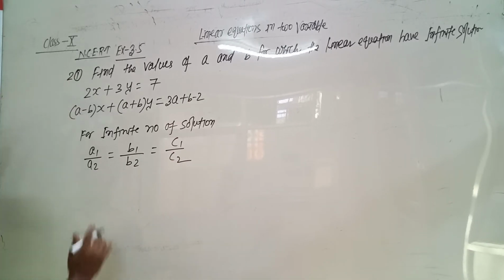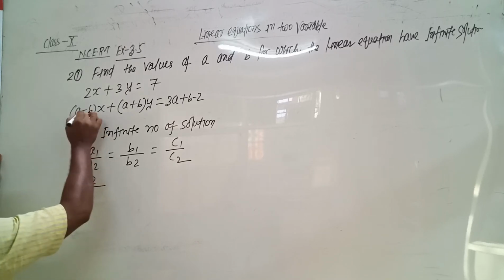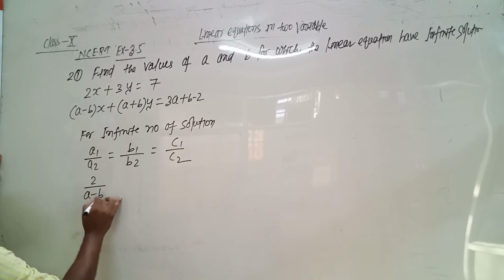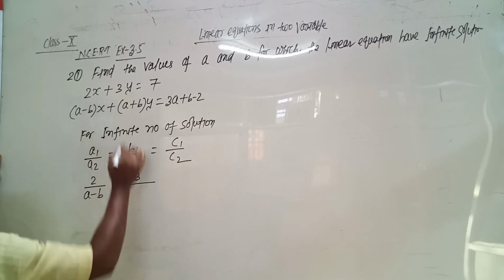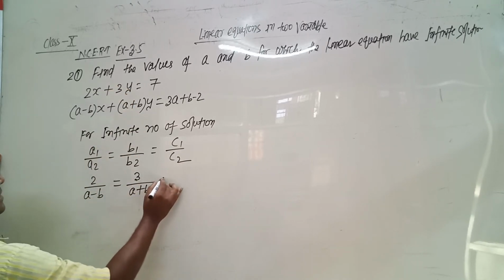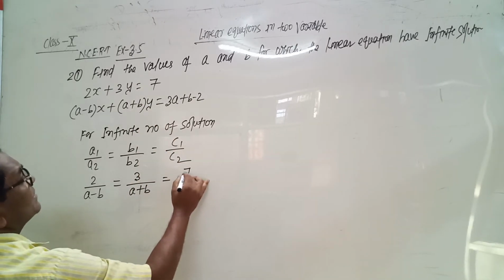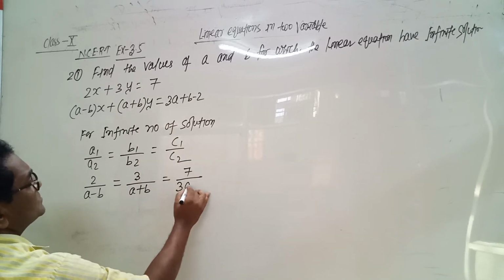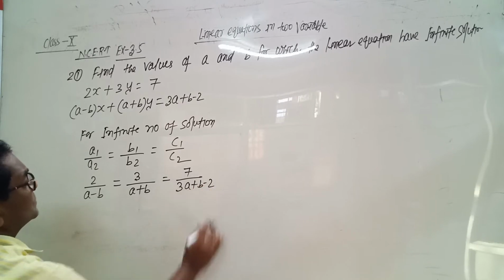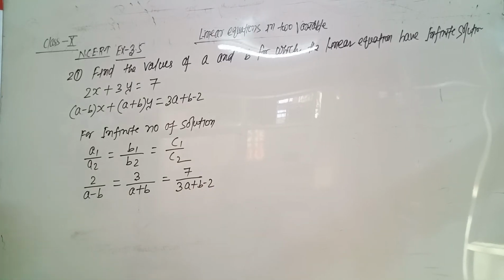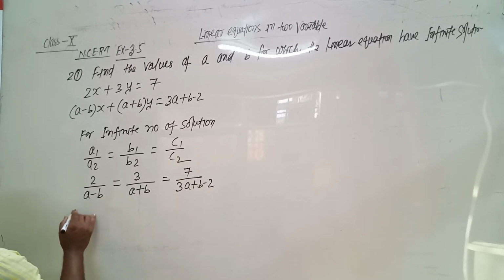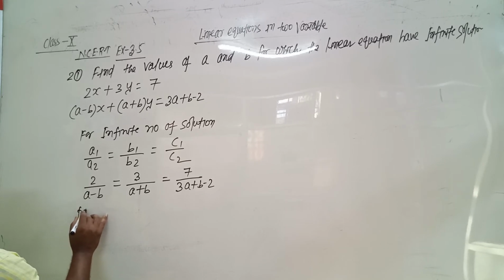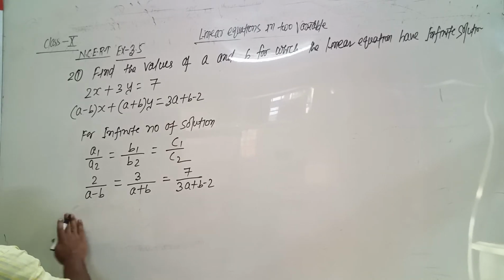So the value of a1 is 2, the value of a2 is a minus b, value of b1 is 3, value of b2 is a plus b, c1 is 7 constant term and c2 is 3a plus b minus 2. So firstly we solve the first part and third part.